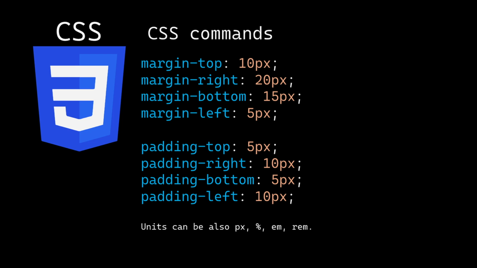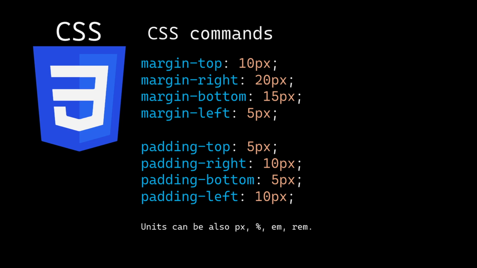Or you can individually cite properties. You can target each element or each side differently or separately. So here we have margin top 10 pixels, margin right 20 pixels, margin bottom 15 pixels, and margin left 5 pixels. So with the first command, margin top, we say that we want the spacing outside to be 10 pixels from the top.